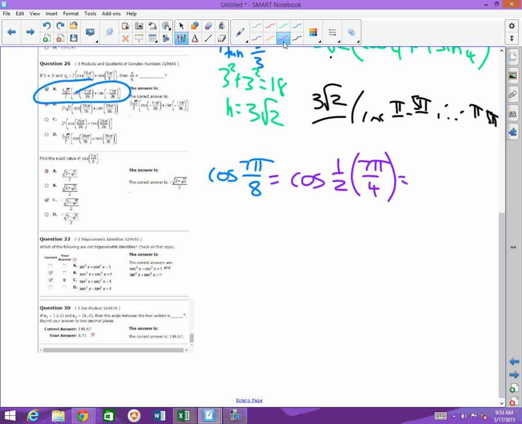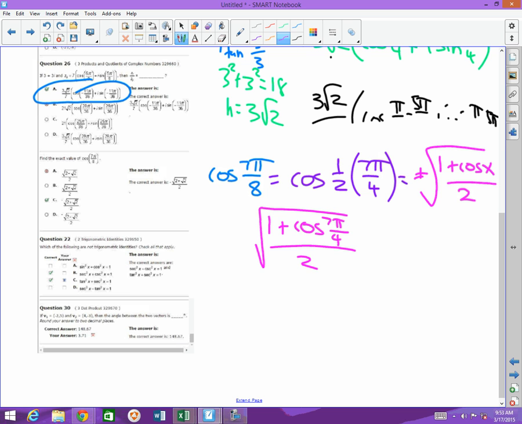And the formula for the cosine of a half angle is plus and minus the square root of 1 plus cosine of x all over 2. So then we would have the square root of 1 plus cosine 7 pi over 4 all over 2. Well, the cosine of 7 pi over 4 is square root of 2 over 2. So you have 1 plus square root of 2 over 2, over 2.